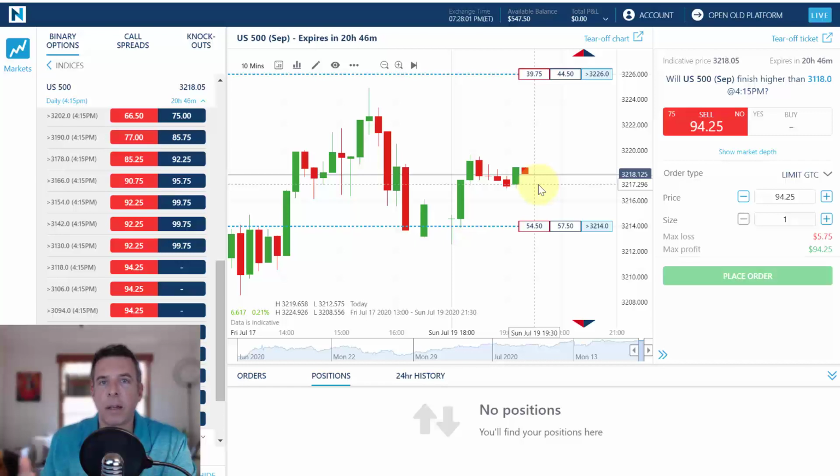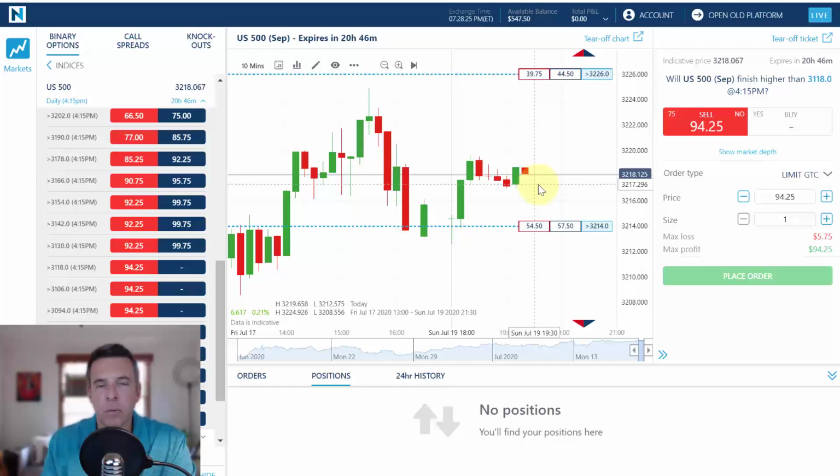They started off with like 30 and 1 minute options, bet where the euro is going to be 1 minute from now. That's kind of fun, but they were also unregulated. They were credit card funding only. There was a lot of issues. So to my knowledge, the Nadex, or the North American Derivatives Exchange, is the only fully regulated US-based binary options broker out there that I know of. So that gives me just a little more confidence.